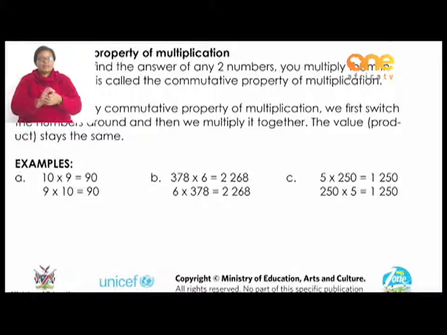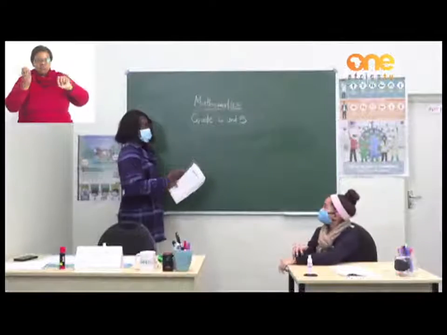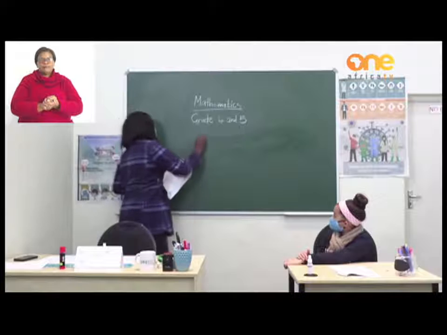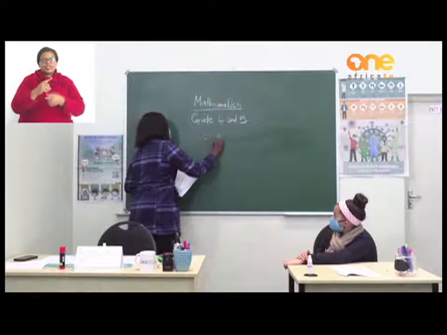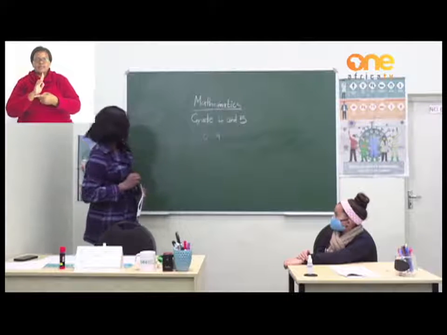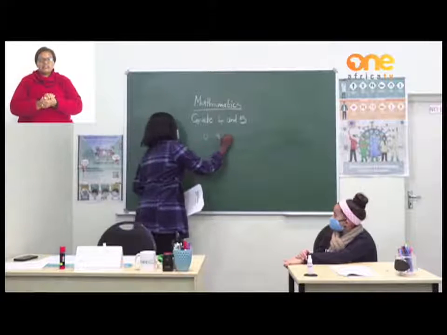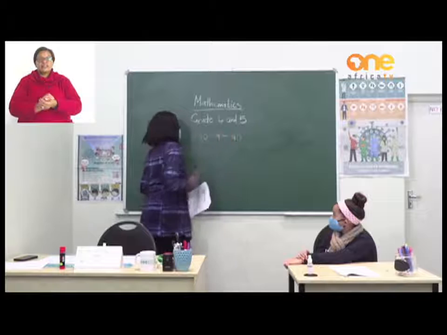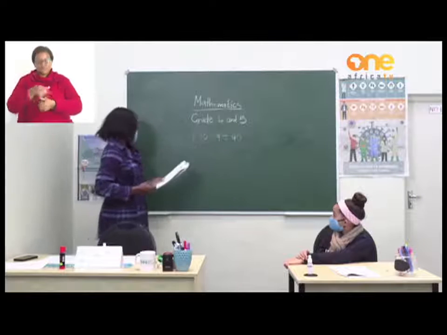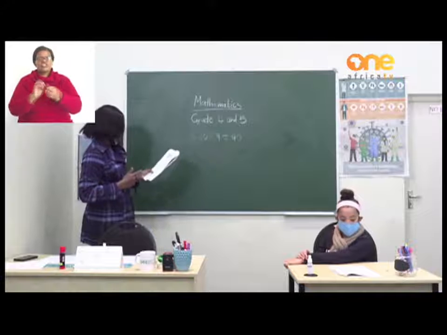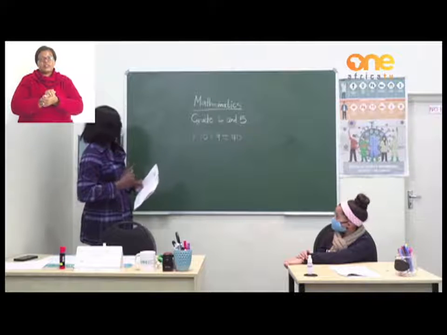Boys and girls, let's get on board. The first example. Example 1. We have 10 times 9. What is our answer? 10 times 9 is 90. Good. Remember that we have to switch the number around and we multiply them together.